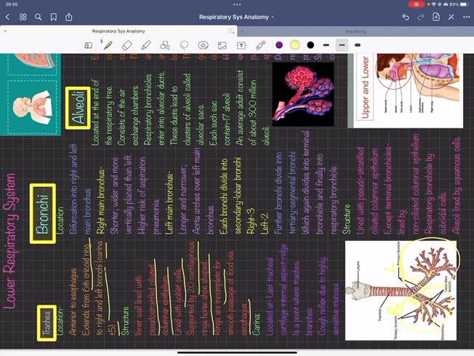Here we can see that it is very short, whereas the left side is very long. The left is usually longer but narrower than the right. The right is more vertical, more wide, very wide, and also short.